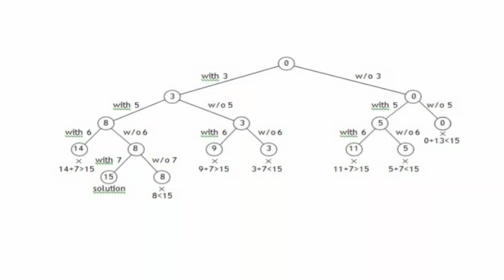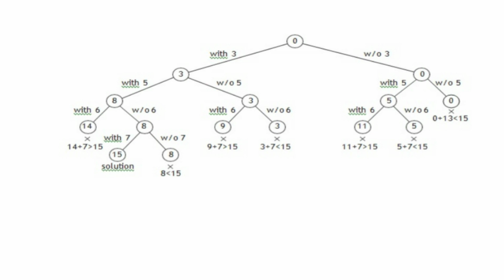First, as I told you initially, the node is 0, we have not made any decision. Then the first element 3, with 3 on the left side, inclusion of 3, we see 0 plus 3, that is 3, so the node is made as 3. Then the next element is 5, so we have included it, the left subtree indicates inclusion, hence with 5, 3 plus 5 is 8. 8 is included as the node here.